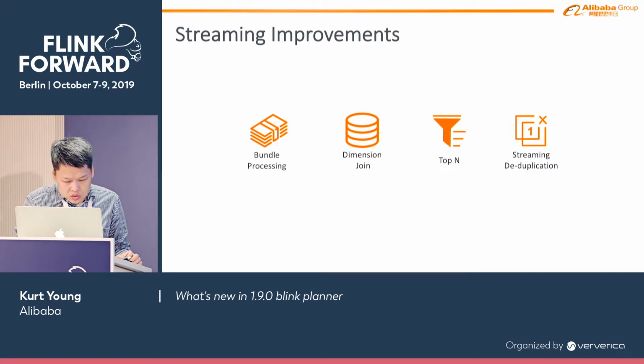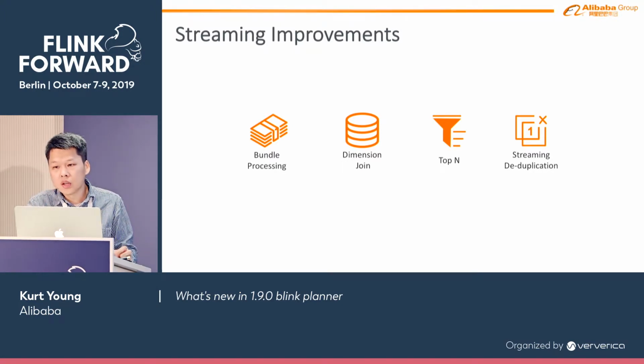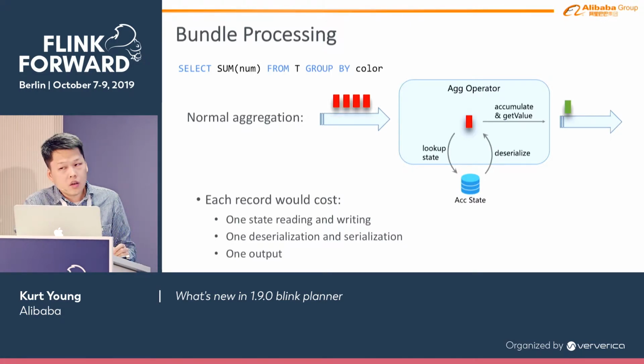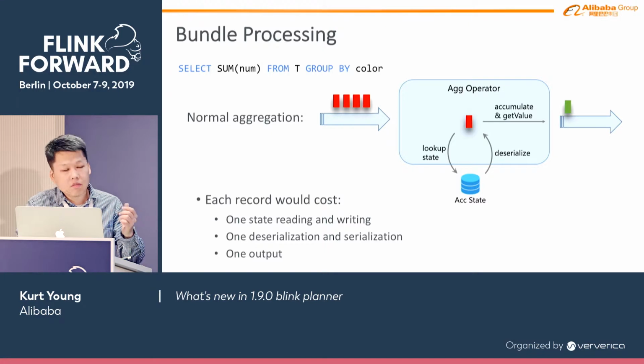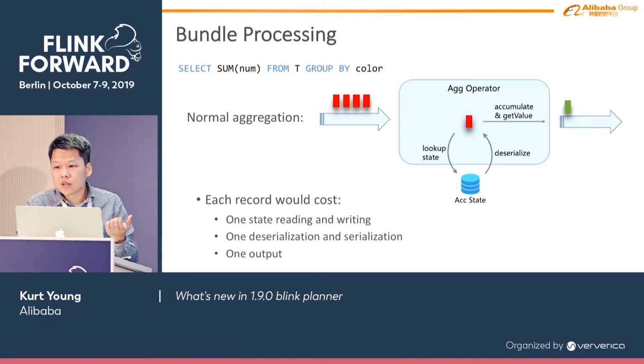Speaking of streaming, we also added some features and improvements specific to streaming. The first one: let's take an aggregation example again. If we look inside the aggregate operator, you will see that for each record that comes in, we first look up state to get our partial result back, like the partial sum from state, and do the aggregation.